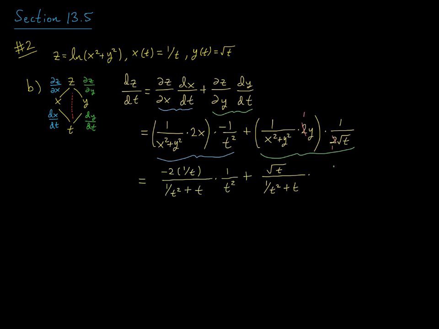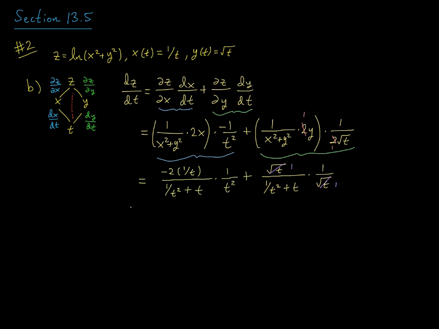And then I'm multiplying that by the 1 over the square root of t. Oh, and that's nice, because now I can go ahead and cancel out these square roots. Okay, so I'm getting there. What should I do next algebraically?